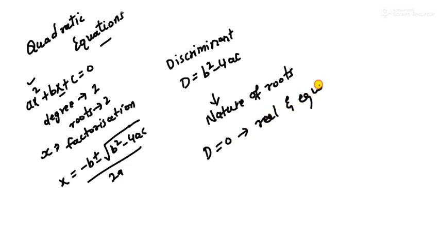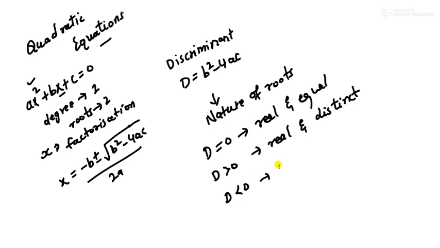If d is more than 0, then the roots are real as well as distinct, means different. Next, when d is less than 0, it has no real roots. So these are the important topics related to quadratic equations.